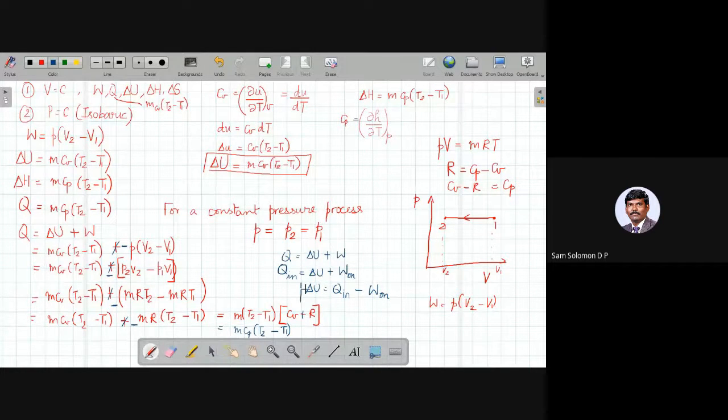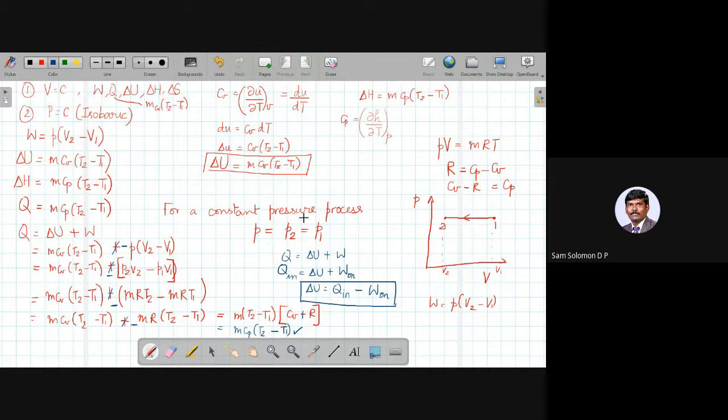This is how people usually write this. Delta U is Q in minus W on, which means heat addition minus work done on the system. Work done on the system is the work input. So that is why you will get m Cp into T2 minus T1. So you will get Q equal to m Cp times T2 minus T1 if you apply the first law of thermodynamics also.